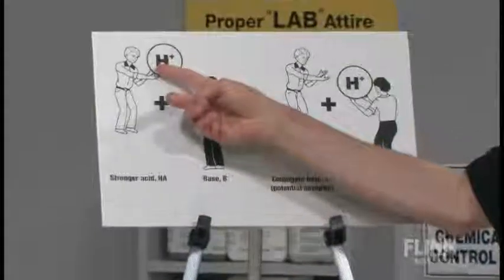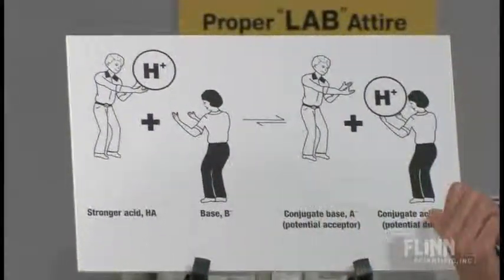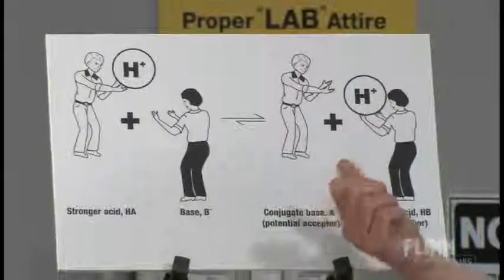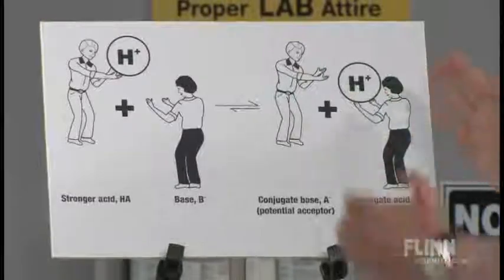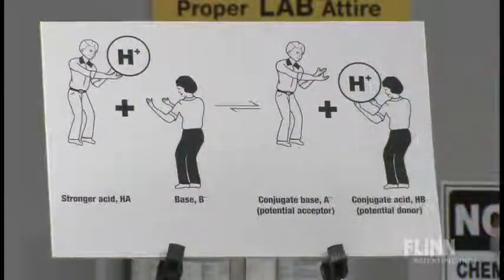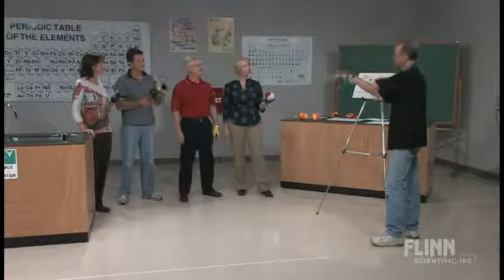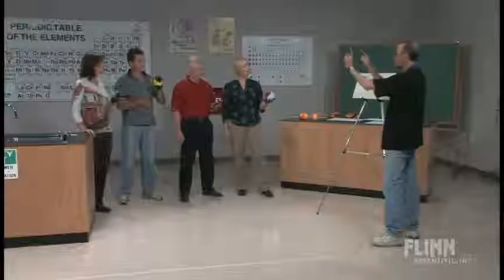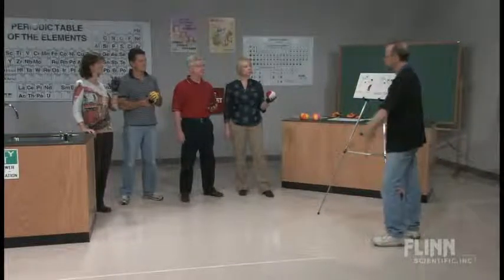It will take the proton, shove it down the throat of this base, forming this conjugate acid and this conjugate base. Going back, this is an equilibrium that's favored for this side because this is the stronger acid, this is the weaker acid. So in this case, the weak acids are the ones that have the protons, and the stronger acids are the ones that gave up the protons.